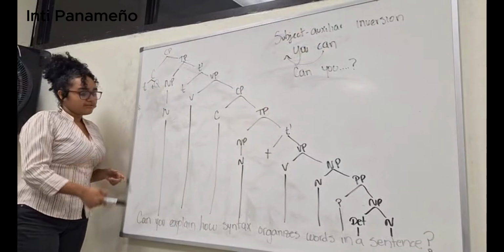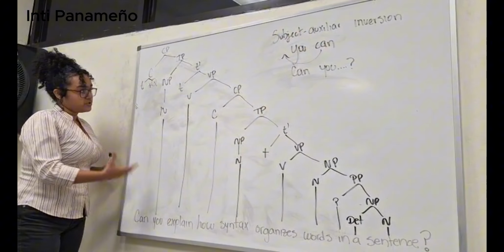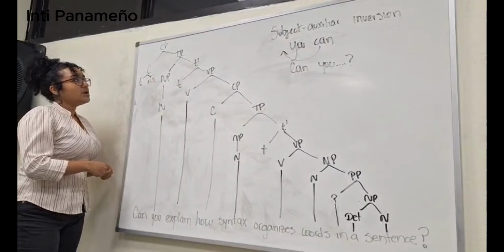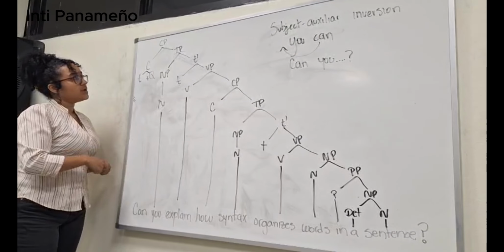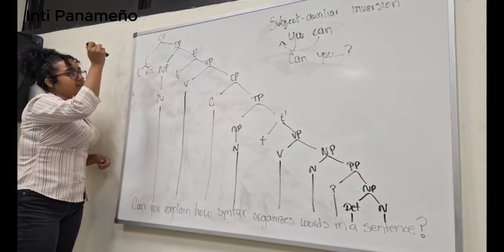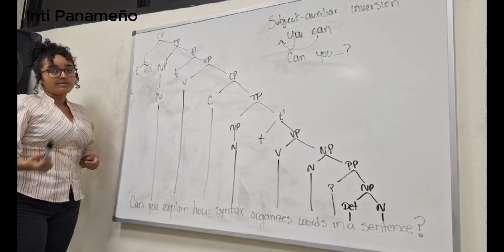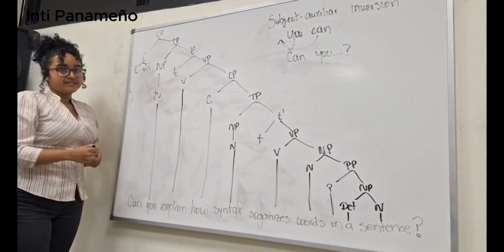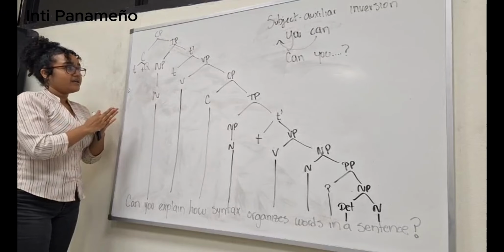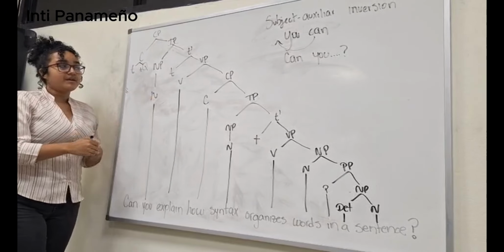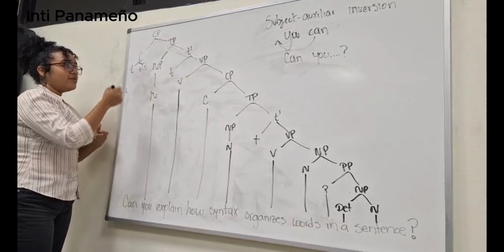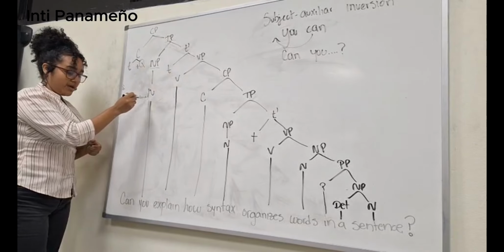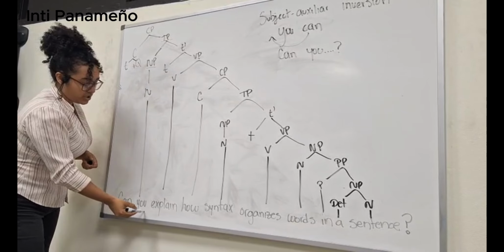So, to explain how this question functions, the whole question is a complement phrase. And this complement phrase is divided in a tense phrase. This tense phrase is divided in a noun phrase and in a verb phrase. The noun phrase is divided in a noun, and that noun is the pronoun you.